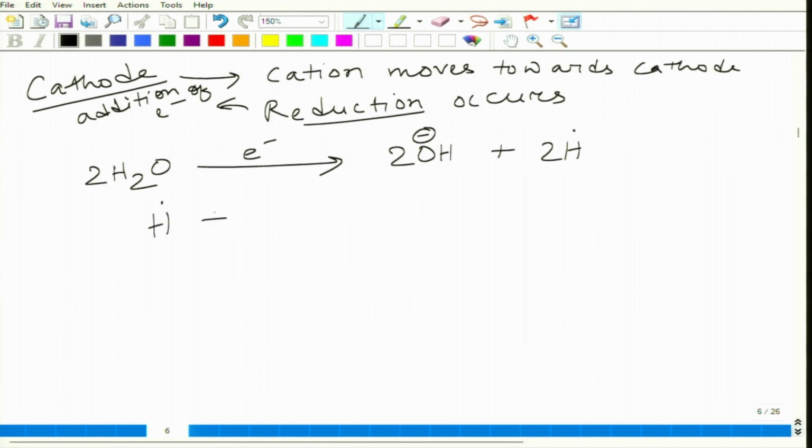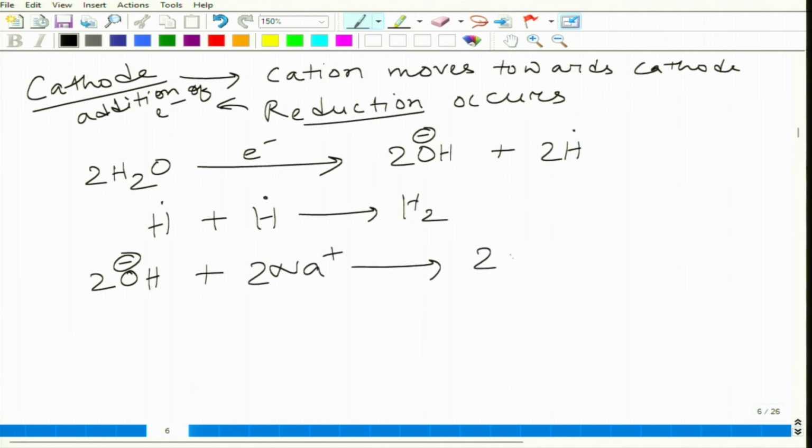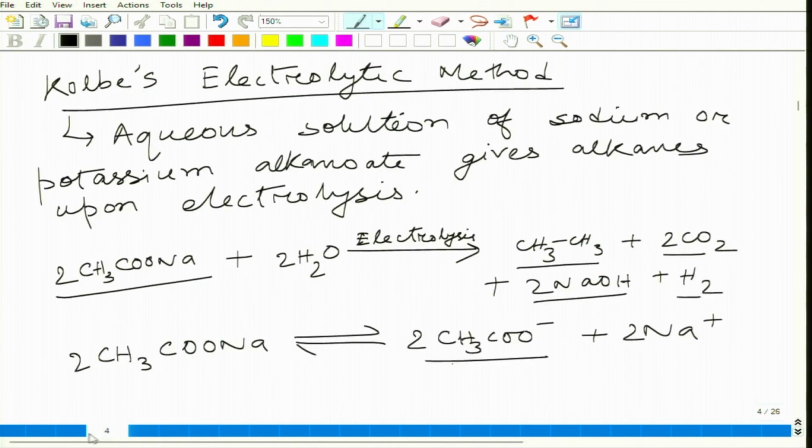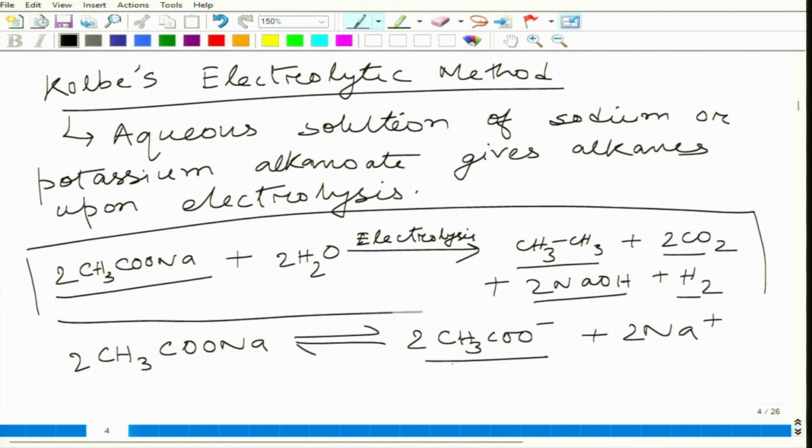Now, the free radicals of hydrogen will form H2, and these 2 hydroxide ions combine with 2 sodium ions and form 2 sodium hydroxide. Okay. So, this is the reaction in the cathode, which altogether gives this reaction as a whole.